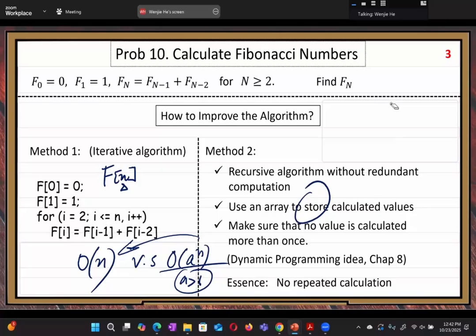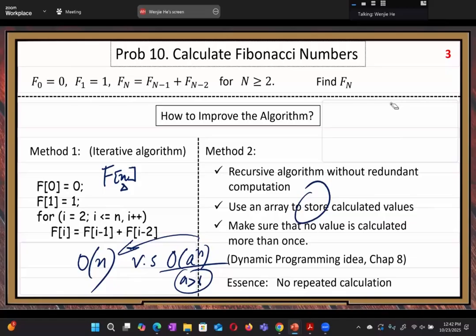Another reason, this weekend I will give you our second programming project. This is the main method we will use in our second project. We calculate using dynamic programming, and calculate Fibonacci numbers using this method.